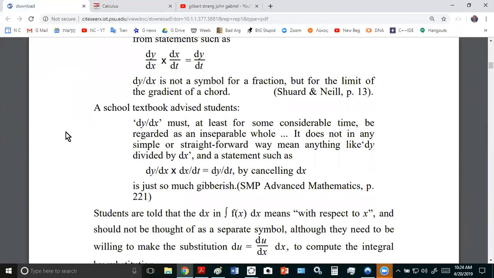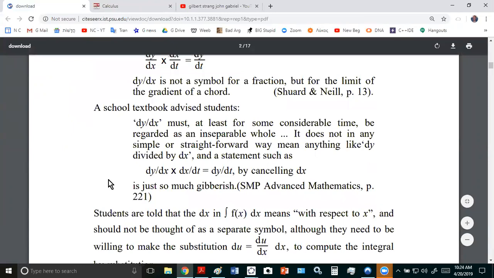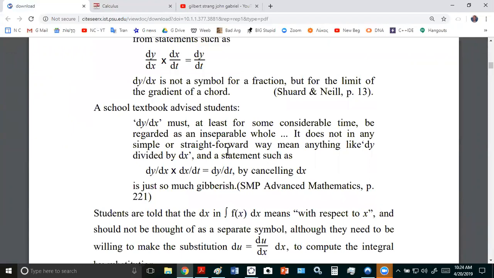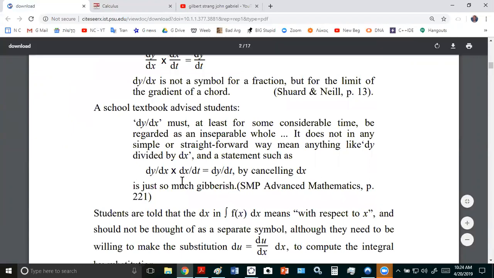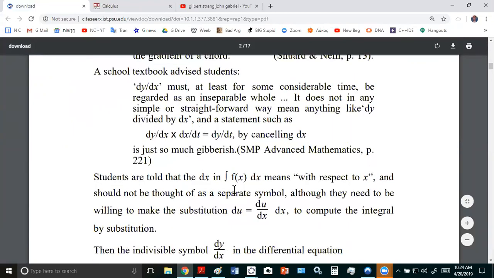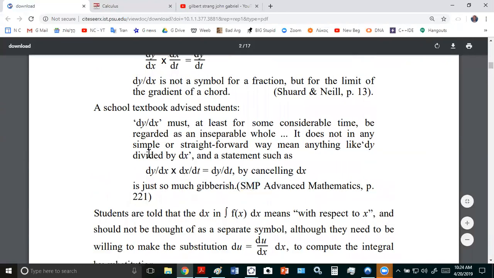It does not in any simple or straightforward way mean anything like dy divided by dx. Actually, it does. And a statement such as dy/dx times dx/dt is equal to dy/dt by canceling dx is just so much gibberish. This comes from SMP Advanced Mathematics, page 221. Now, this is gibberish, by the way.